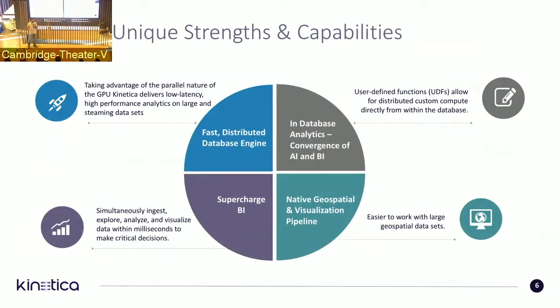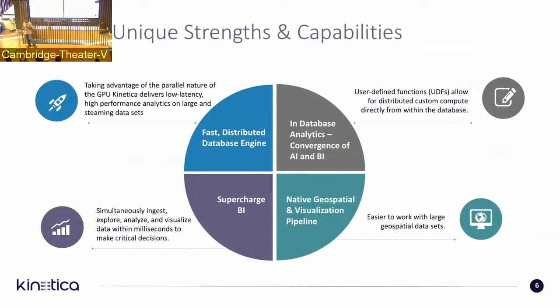So if you're using Tableau, Power BI, any BI tools that need acceleration, Kinetico helps with that. We have a native geospatial feature. Our background in the US Army enabled us to build a very heavy geospatial feature: WMS, WKT, geospatial points. If you want to have a geofence and perform analytics on that, we support all of that.